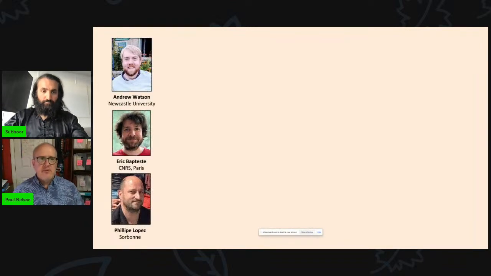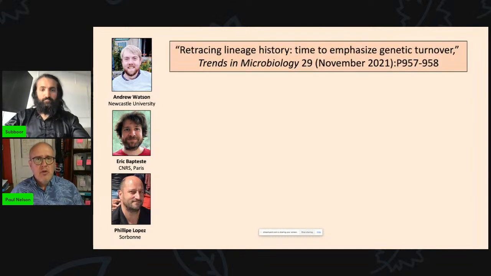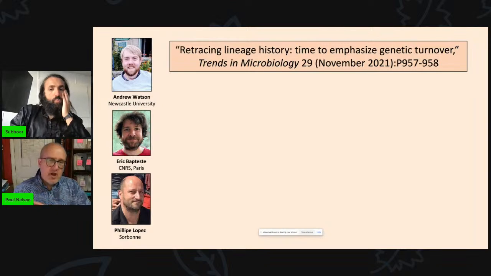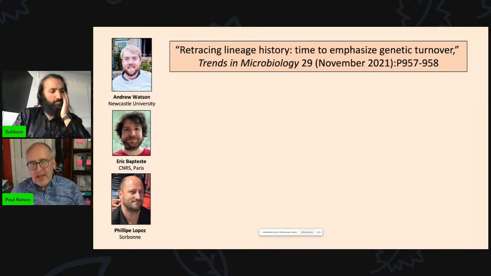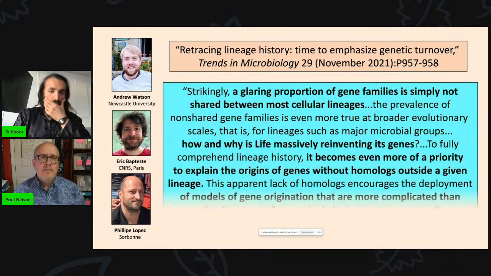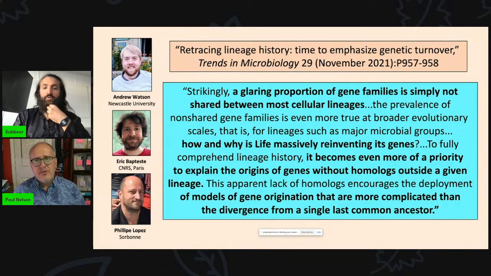So this skepticism about the existence of Luca and universal common descent has been carried on by his collaborators, such as Eric Baptiste, who I believe was a postdoc with Doolittle about 20 years ago. But Baptiste, if anything, has gone even further than Doolittle. And in this paper, in 2021, he and his co-authors said, look, a glaring proportion of gene families is simply not shared among most cellular lineages.